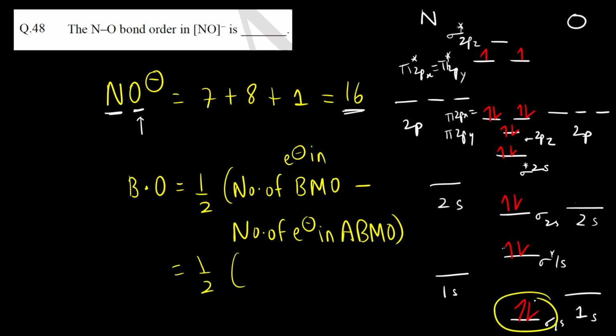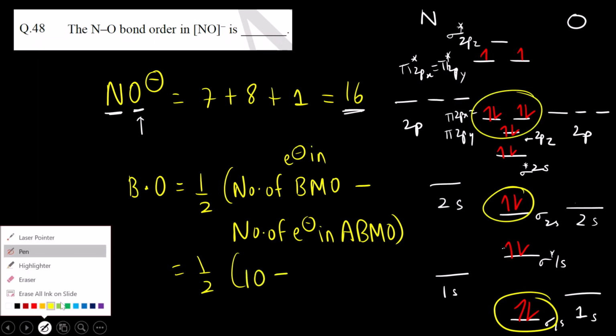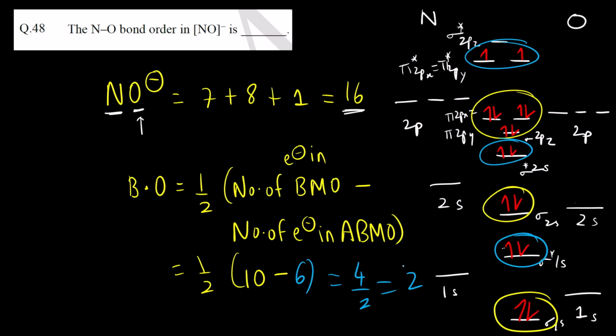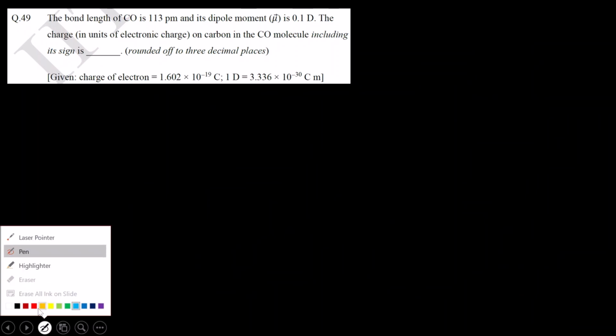How many electrons are there? 2, 4, 4 plus 6, 10. 10 minus how many anti-bonding electrons? 2, 2, 4 plus 2, 6. 10 minus 6 is 4. 4 divided by 2 is 2. So the bond order is 2.